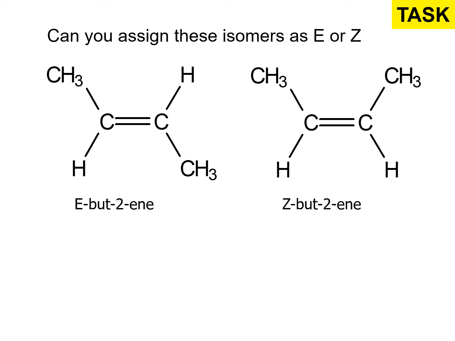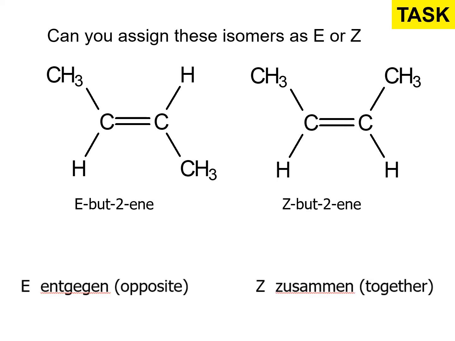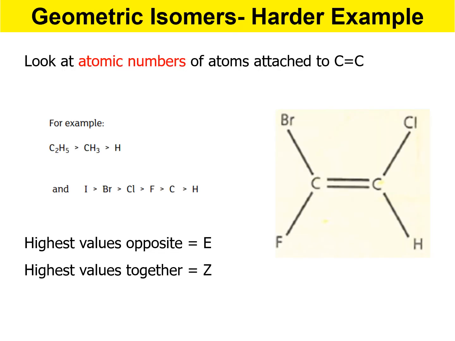We put the letter before the name and we use a dash between the letter and the name. Entgegen, remember, means opposite, and zusammen means together.